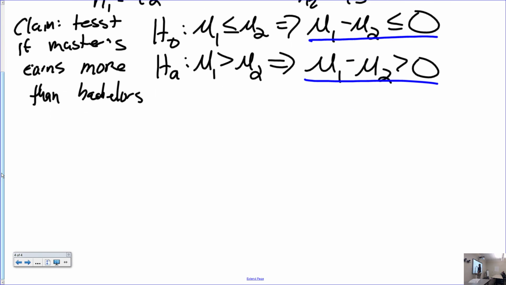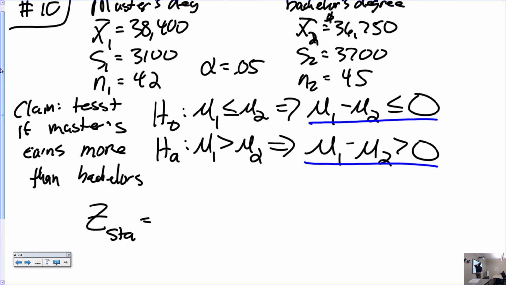Now, how are we going to calculate our z statistic? $38,400 minus 36,750.